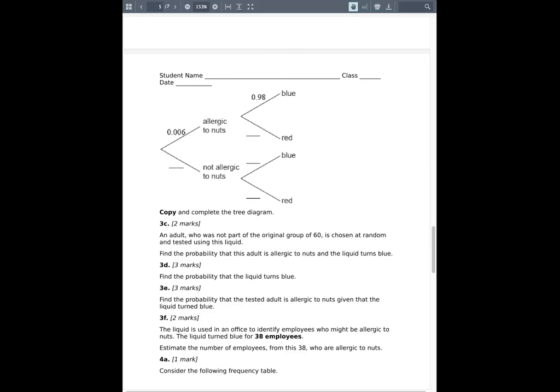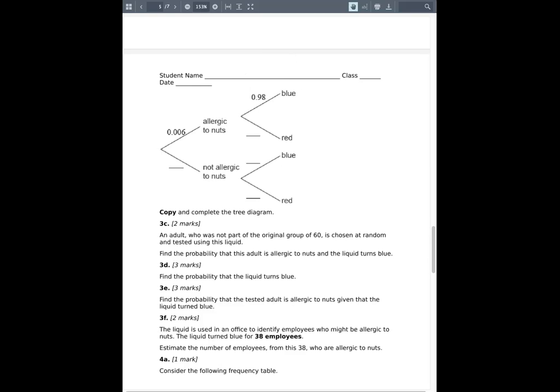But for your denominator, do y'all remember when we did 0.006 times 0.98 for 3C?